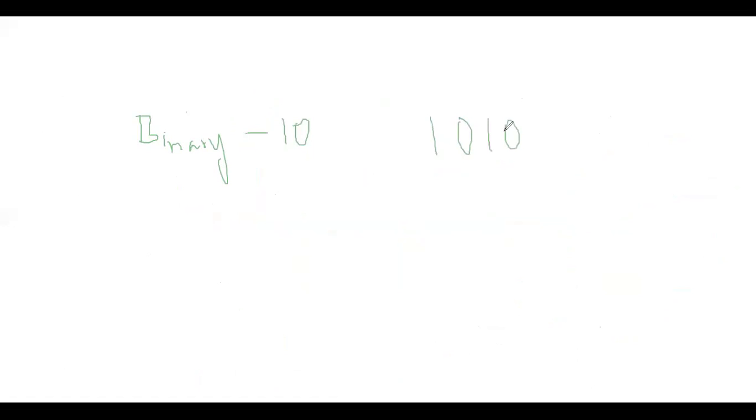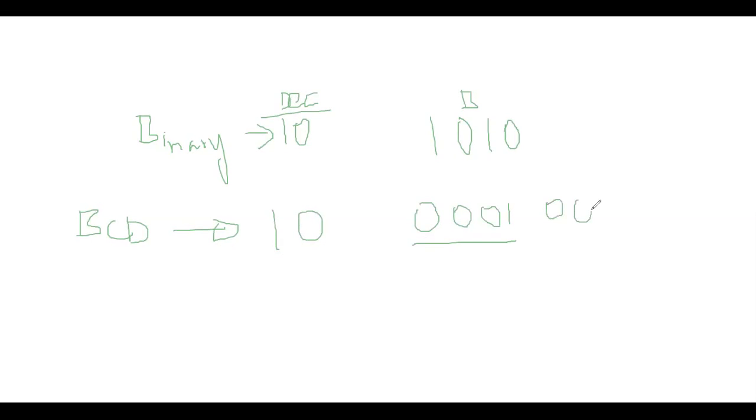For BCD, for 10, each digit you have to write the binary in 4 bits. So the BCD of 10 is 0001 for the first digit and the second digit is 0000.